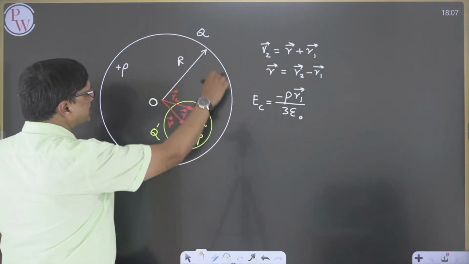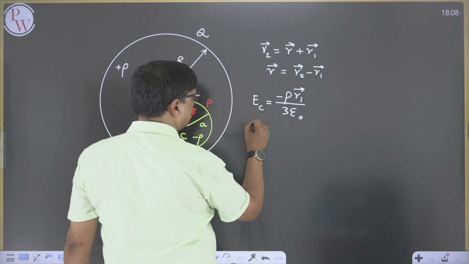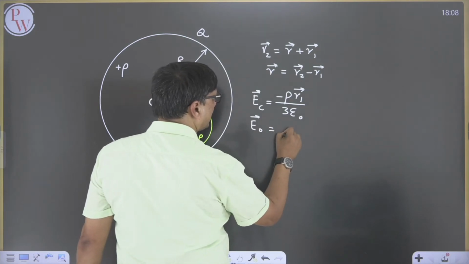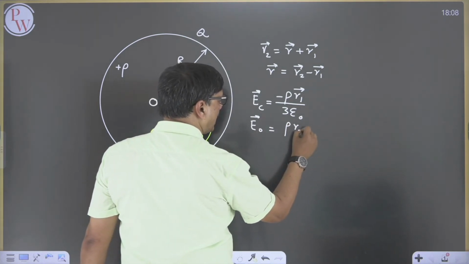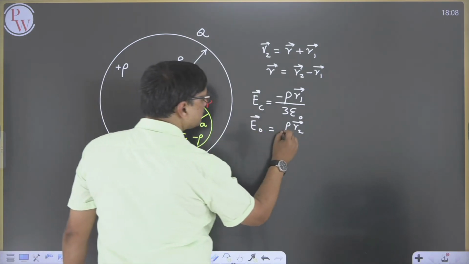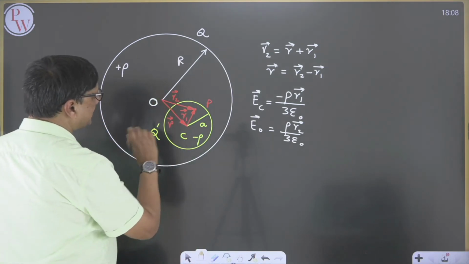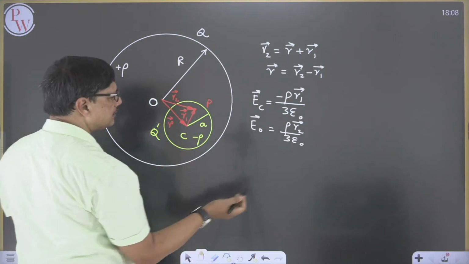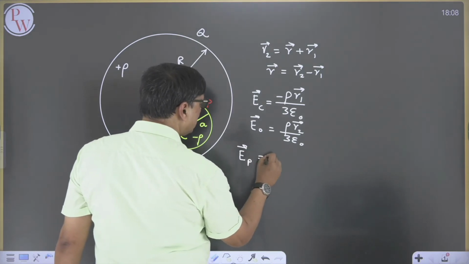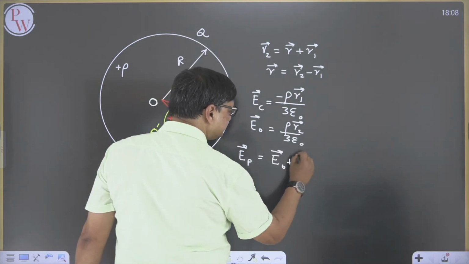Then with respect to the positive charge density, or the total body, let's say that be EO. This is also a vector. Then it will be positive rho R2, because with respect to the center its position is R2. So rho R2 by 3 epsilon naught. So what is the resultant field at this point? These are the two things. There is no other thing. So the resultant field at the point P will be EO plus EC.